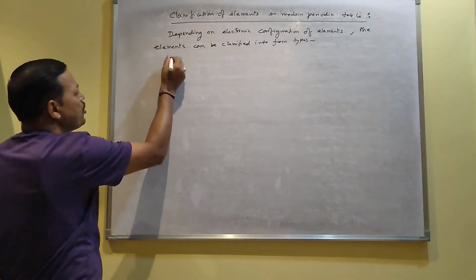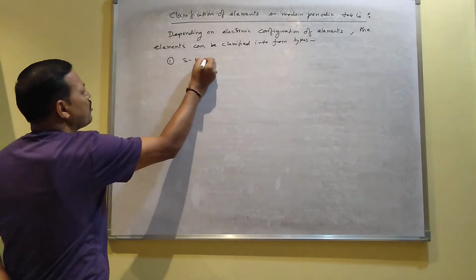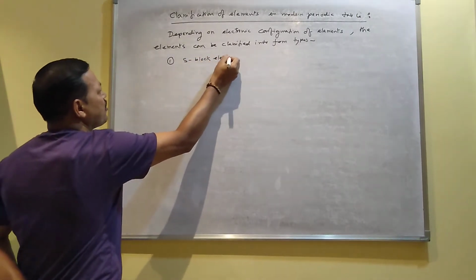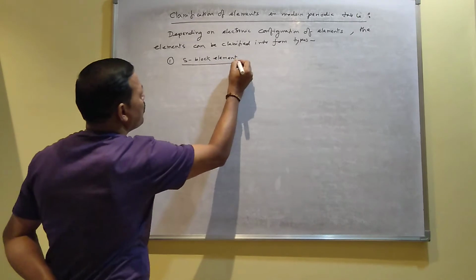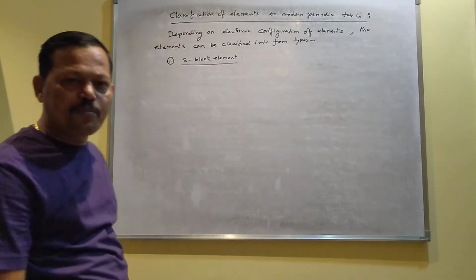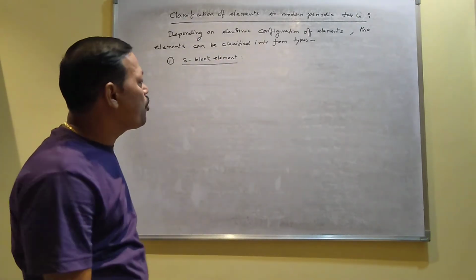As I have told you, number one, S block elements. This is one type. What type of elements are called S block elements?